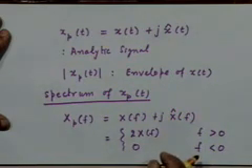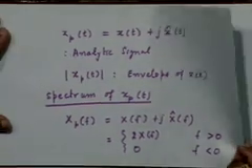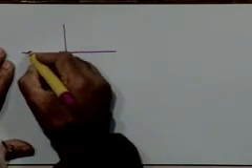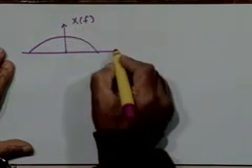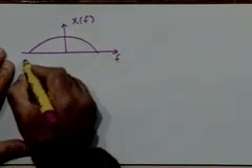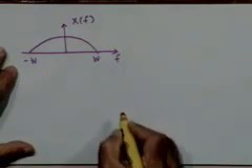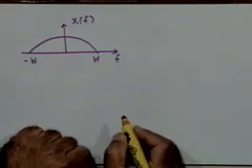Very interesting result. So what do you find? If you were to plot this spectrum, suppose you had a spectrum like that for x of t. The spectrum of x of t, let's say, extends from some frequency minus w to plus w.